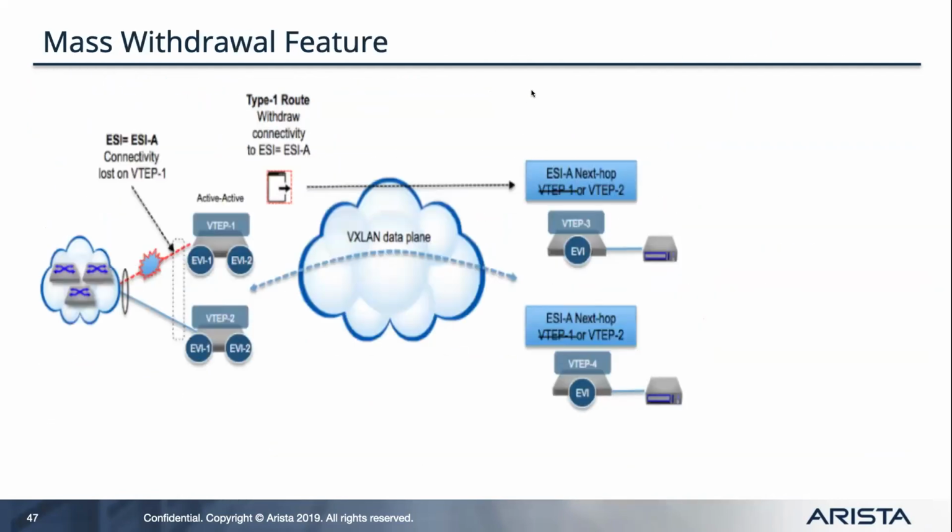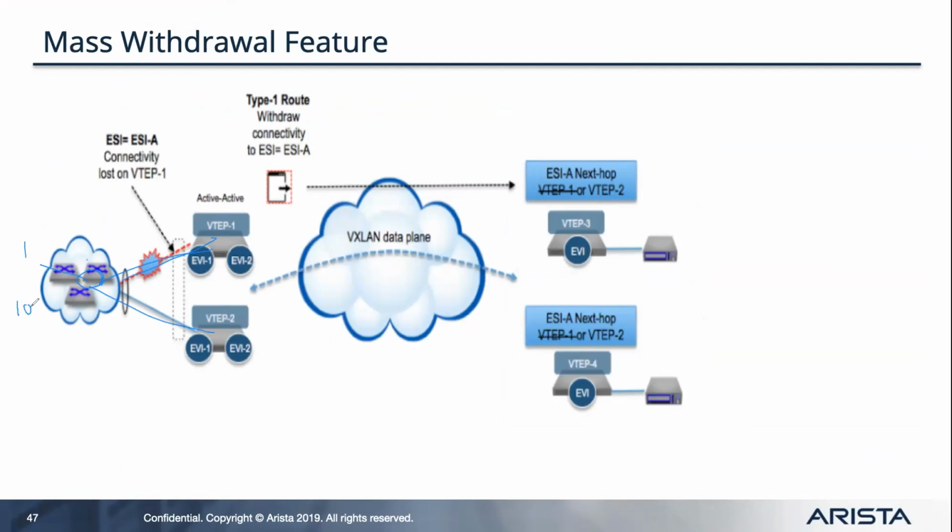So this is aliasing. Now there is another feature, which is the mass withdrawal feature. Let's say this is a switch connected multi-home to both the VTAPs, and behind the switch there are 100 hosts, MACs 1 to 100.